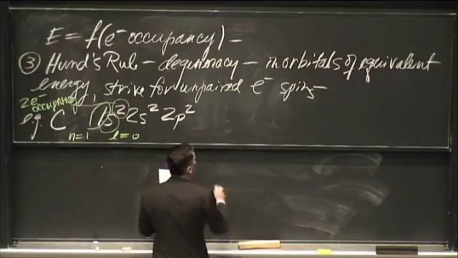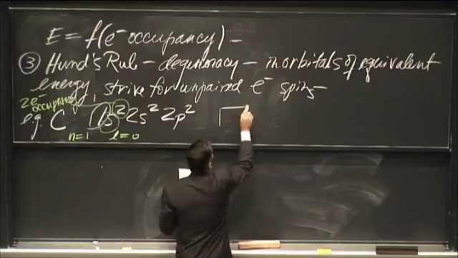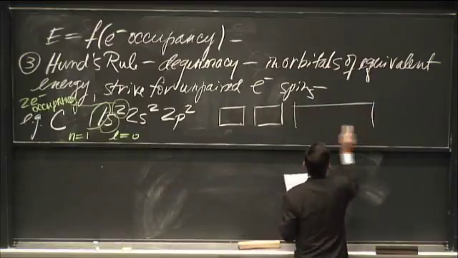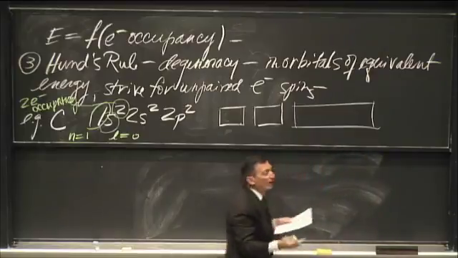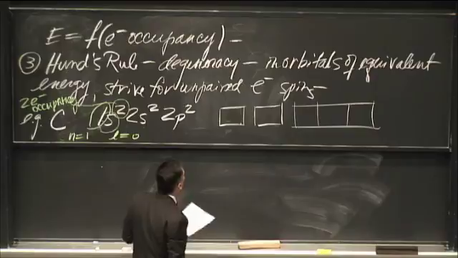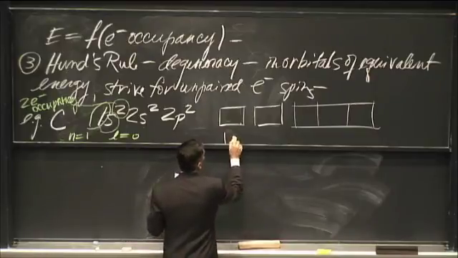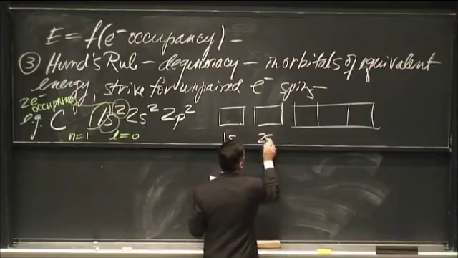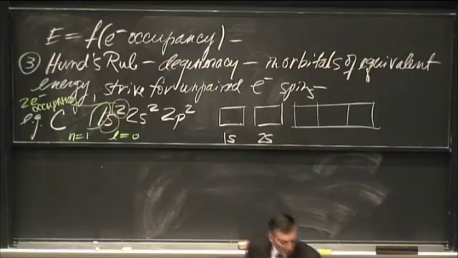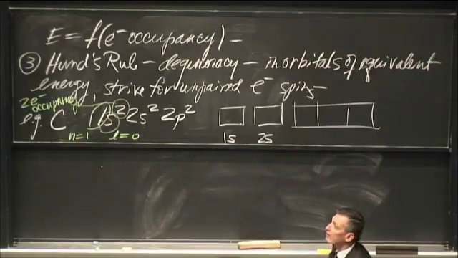So now what we want to do is put these electrons into their orbitals, and there's a variety of notations. This is one I'll use today. This is a box notation. So this is 1s, this is 2s, and then this is 2p. If you recall, 2p, there's going to be 3 of them, right?